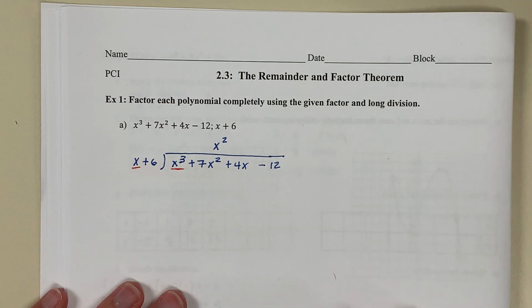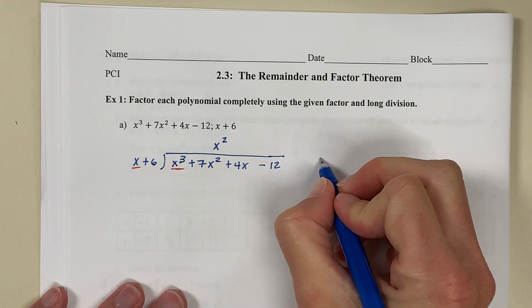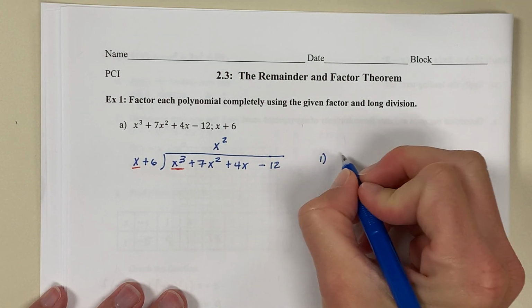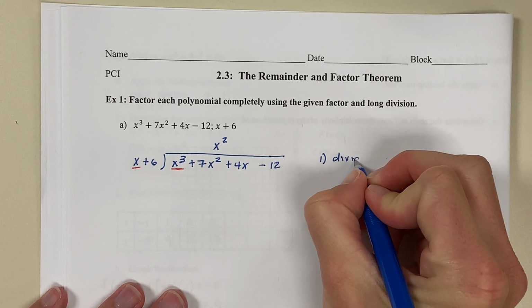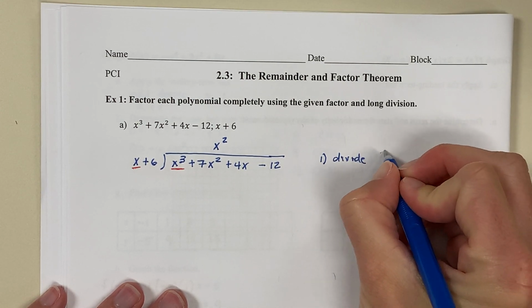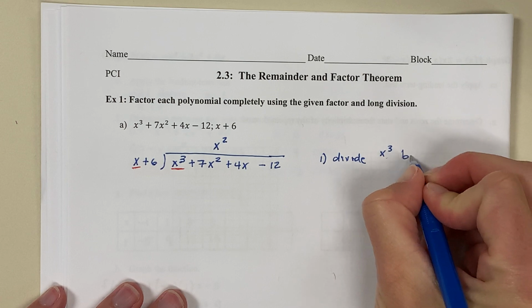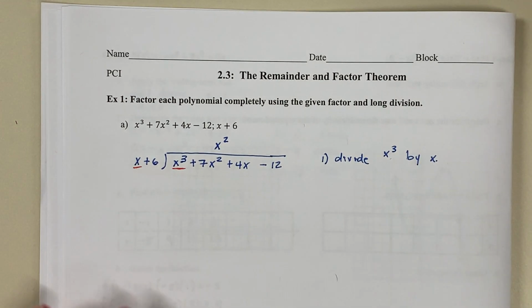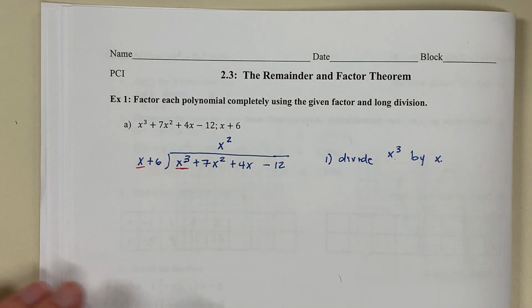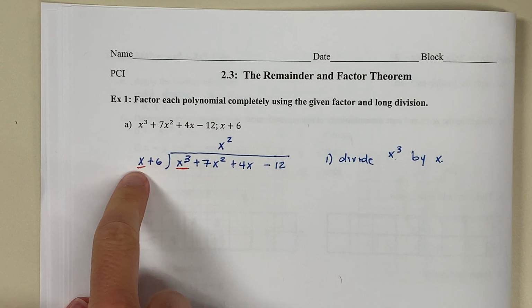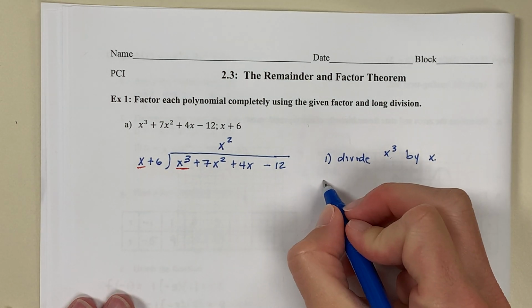So step number 1, I divide x cubed by x, and I get x squared. Now I'm going to multiply both the x and the 6 by x squared.